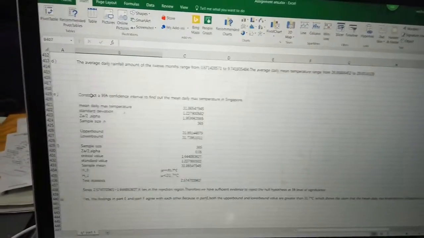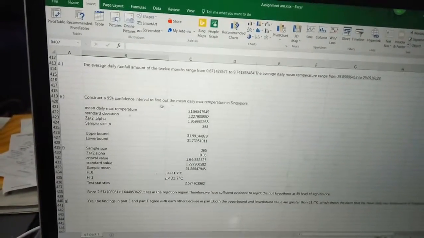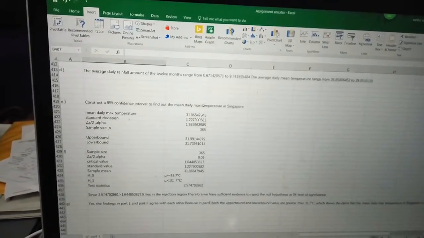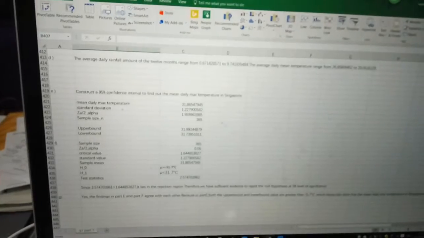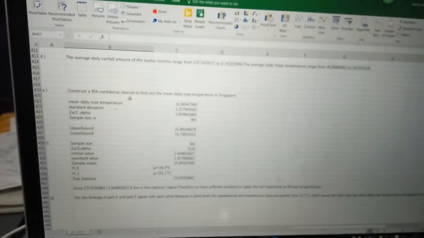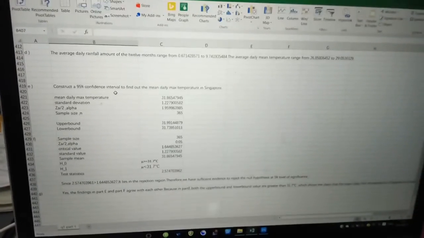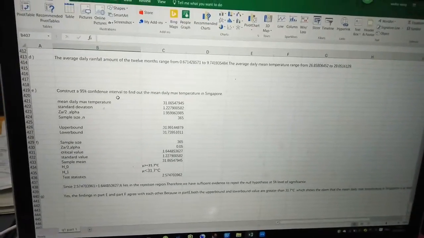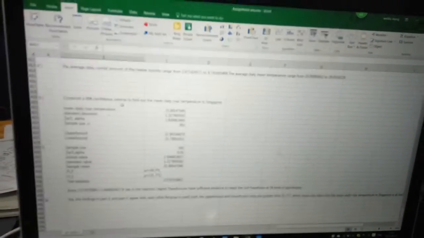Part 2, firstly, I need to construct a 95% confidence interval to find out the mean daily max temperature in Singapore. So as you know, the formula for confidence interval is that I need to use the sample mean plus minus the alpha times standard deviation over square root of sample size.